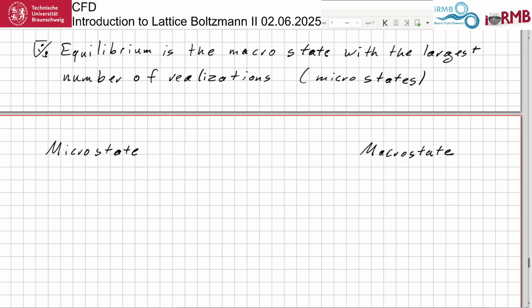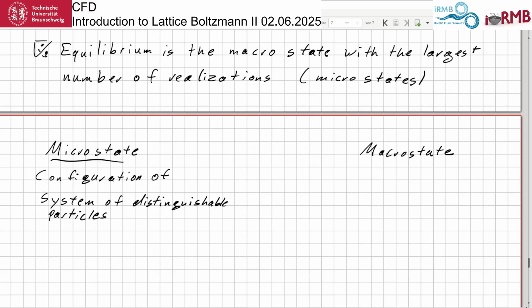So in the microstate, you have configurations of a system of distinguishable particles. This is the microstate.